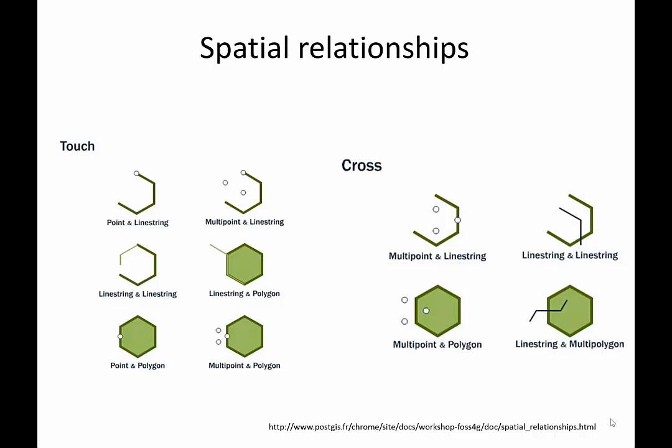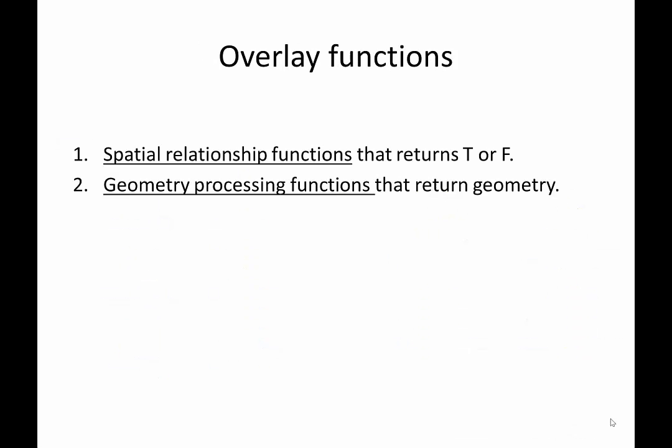But crosses doesn't really count for things like a point. A point can't cross a line. It's either on a line or not. So the crosses relationship between points and lines is the same as the intersect relationship between points and lines. But you can see that the crosses relationship between a polygon and a line may not be the same. So a line that stopped on the barrier would be an intersect, but it would not be a cross. Yeah, I have to look these up in detail every time I want to be 100% sure about the relationship.